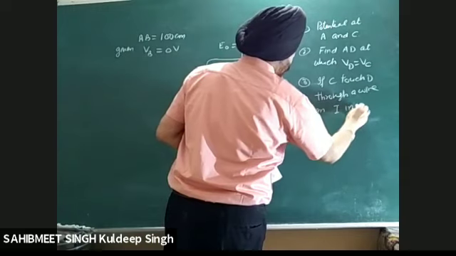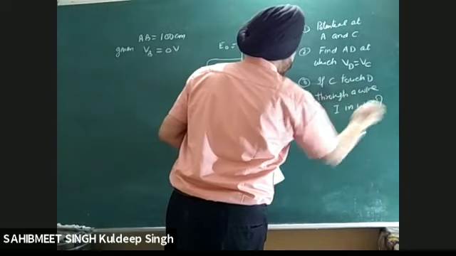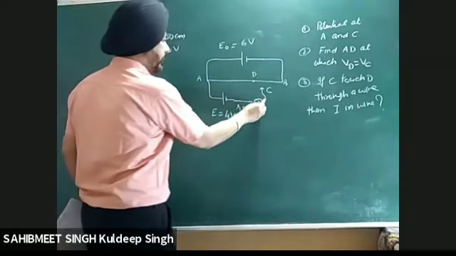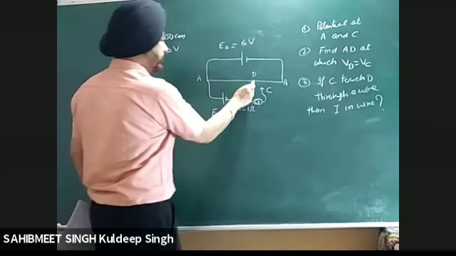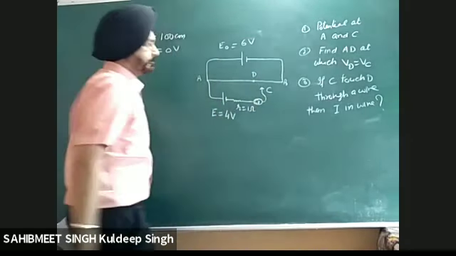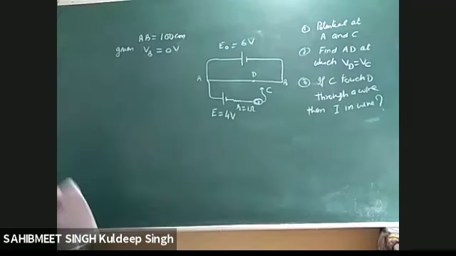So if you connect C and D by touching, what will be the current through this wire? So these are the three questions you are to find out.